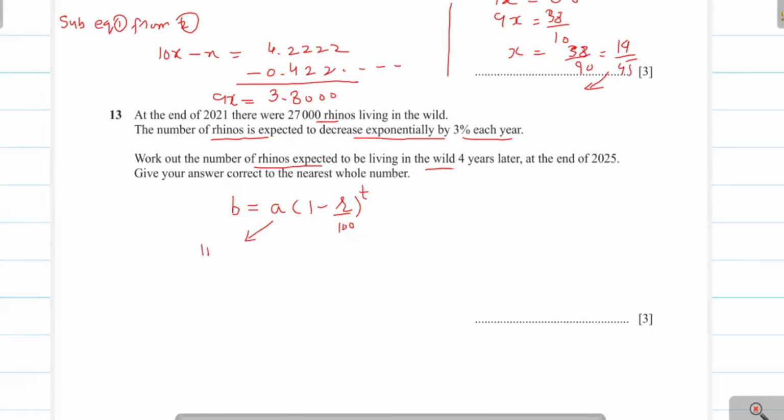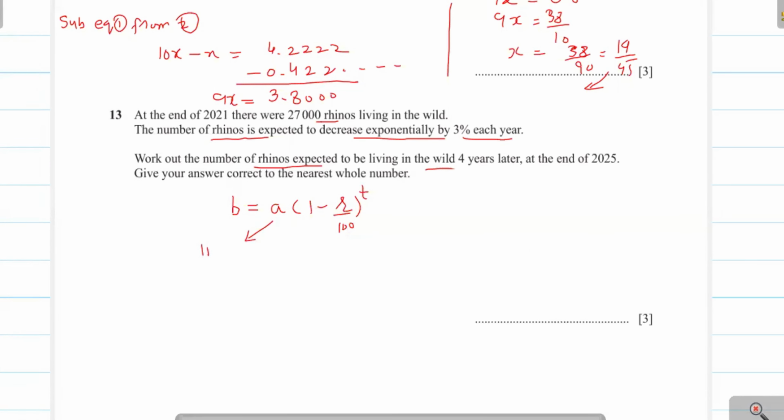This is the final value, and R is the rate. Therefore, the final value B will be equal to A, here the initial number of rhinos, which is 27,000, into 1 minus the rate, here 3%, we can write 3 over 100. And the time here is 4. Therefore, we write power 4.